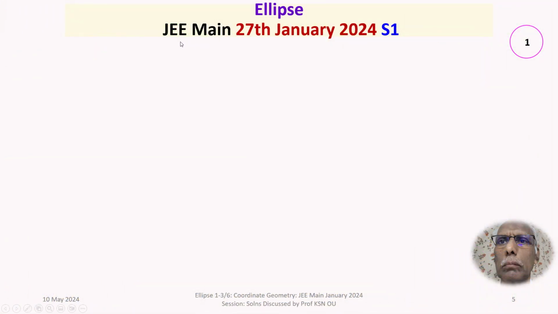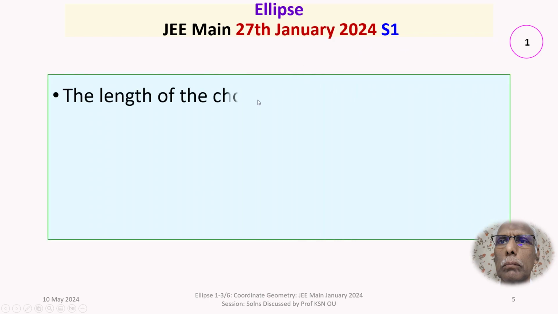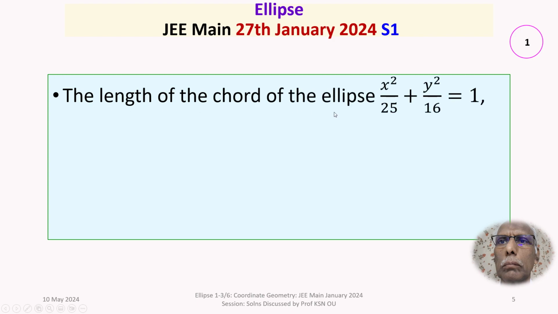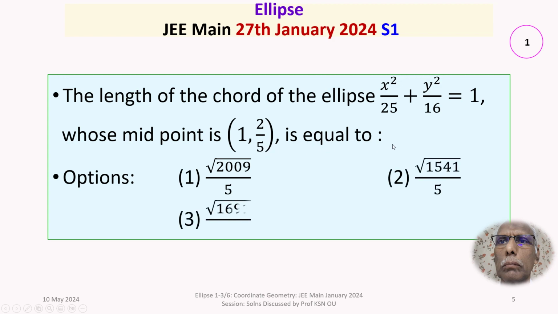This question has appeared in the JEE Main exam held on 27 January 2024 in the first shift. The length of the chord of the ellipse x square by 25 plus y square by 16 is equal to 1, whose midpoint is (1, 2/5), is equal to.